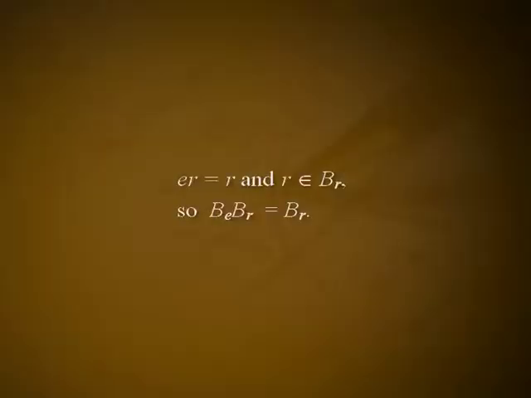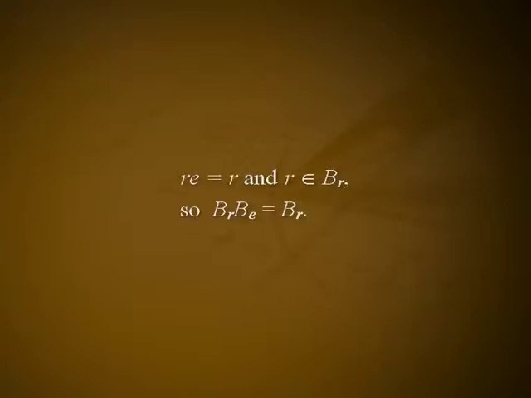Since the operation is well defined, in computing BE into BR, we can take any representatives from BE and from BR and compute the product of representatives in G. Let us choose E belongs to BE and say R belongs to BR, then E into R is equal to R and R belongs to BR. So, BE into BR equal to BR.